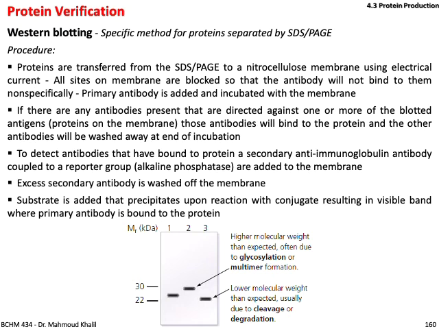The third lane shows a lower molecular weight protein than expected, usually due to cleavage or degradation. So actually all of them, 1, 2, 3, are the same protein, but the normal one is in lane 1. Number 2 migrated slowly because it's glycosylated, so it's heavier in size, while the third is a little bit degraded, so it's smaller in size.